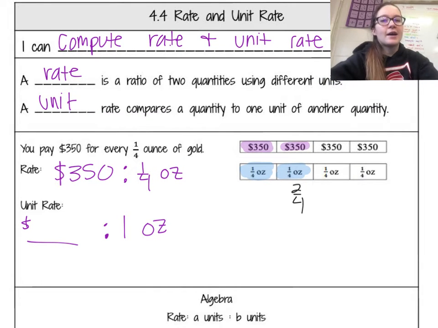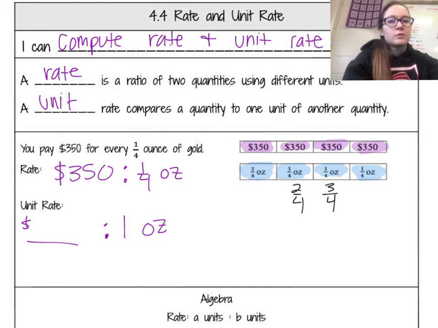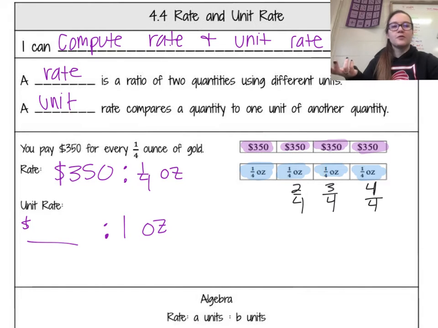Then if I add another 1/4 ounce, I have to add another $350. Right now we have 3/4 of an ounce. Then again, I add 1/4 of an ounce, I add $350. That gives us 4/4 of an ounce, which makes 1 whole. So when I add all of these together, it gives me 1 ounce.